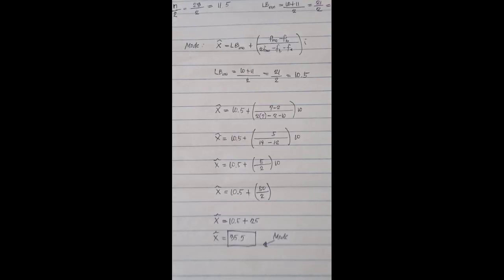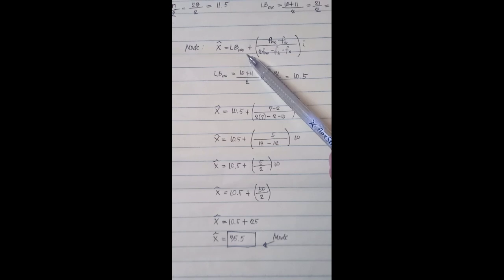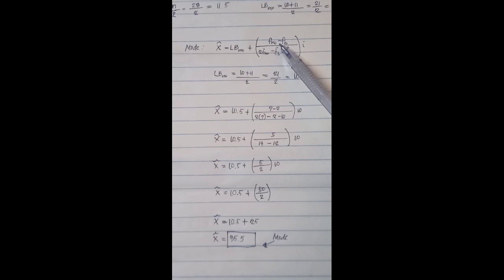So now we will proceed to compute our mode. Mode is equal to lower boundary of modal class plus frequency of modal class minus frequency before the modal class over 2 times frequency of modal class minus frequency before modal class minus frequency after modal class times interval.